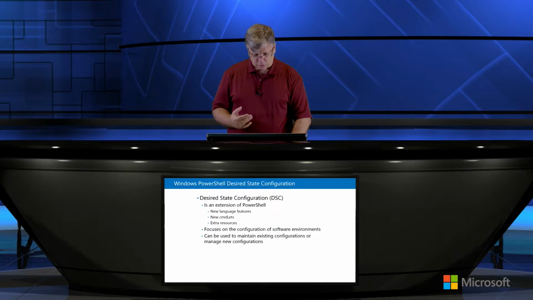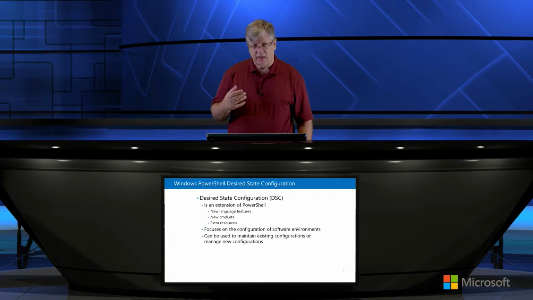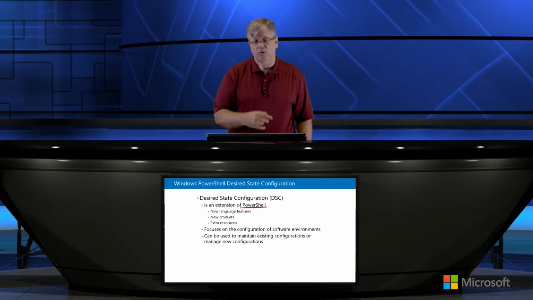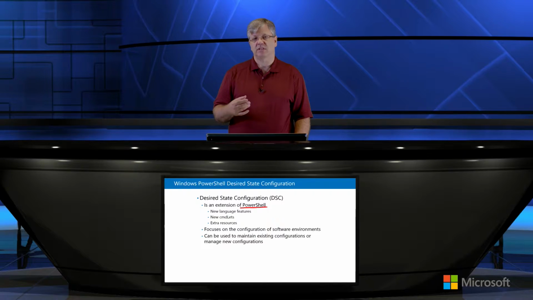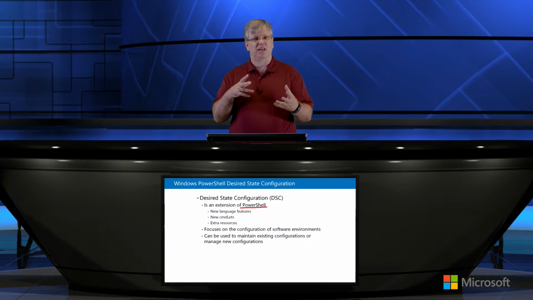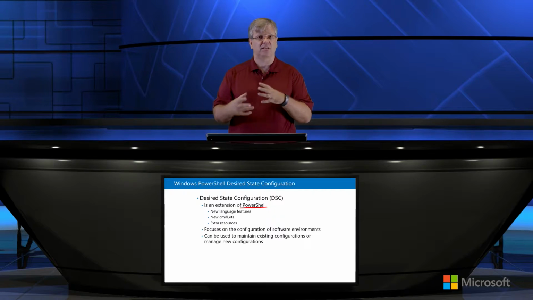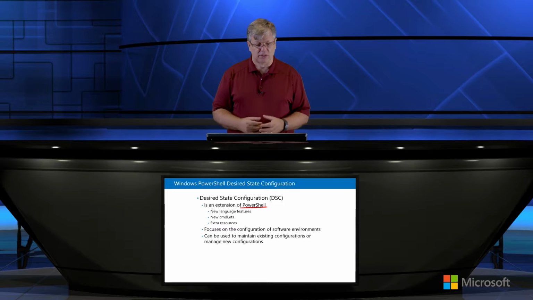All right, and so the desired state configuration in the Windows environment is an extension of PowerShell. Okay? And so it's really kind of an interesting mix of PowerShell and objects and JSON configuration definition.